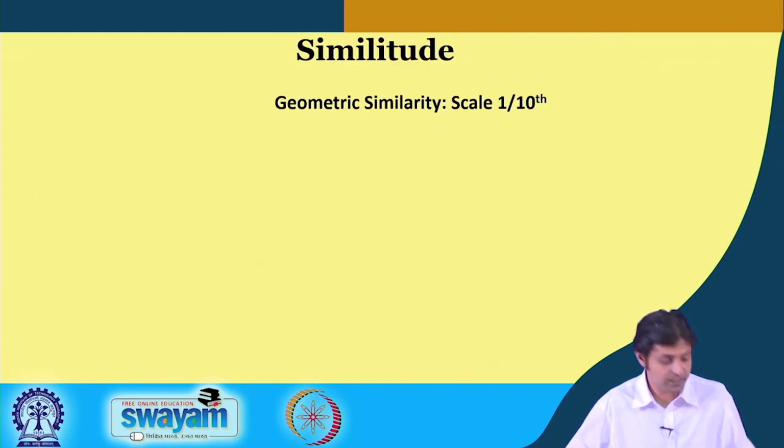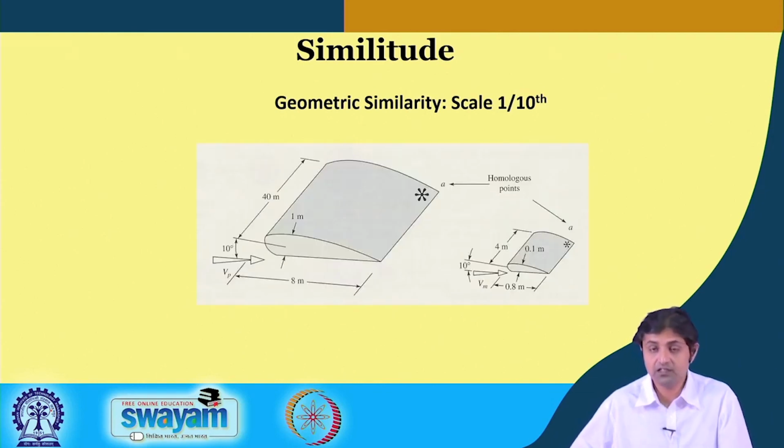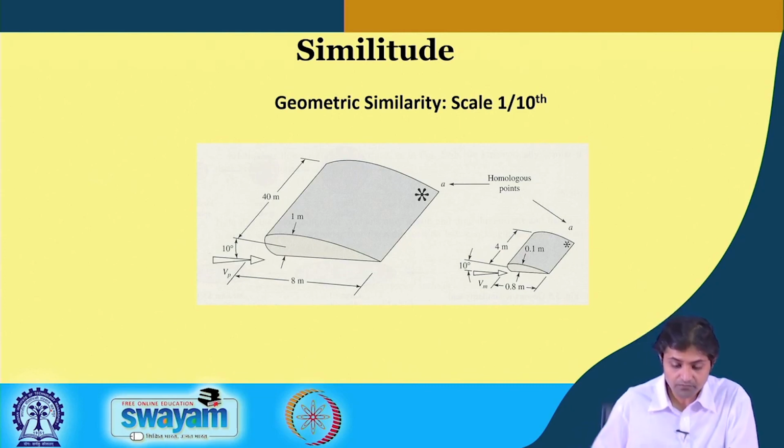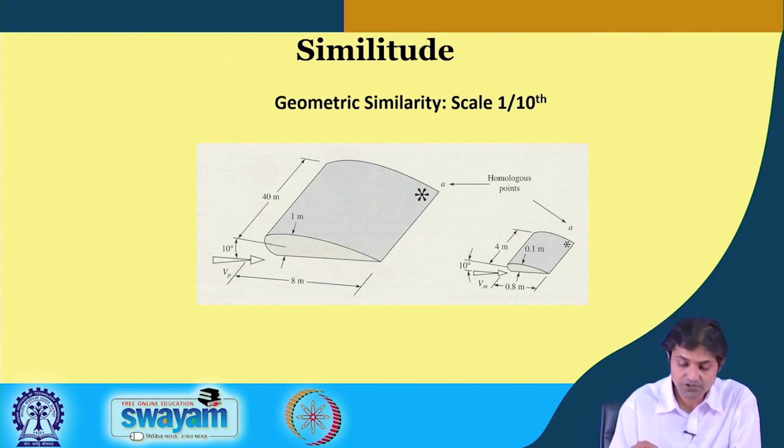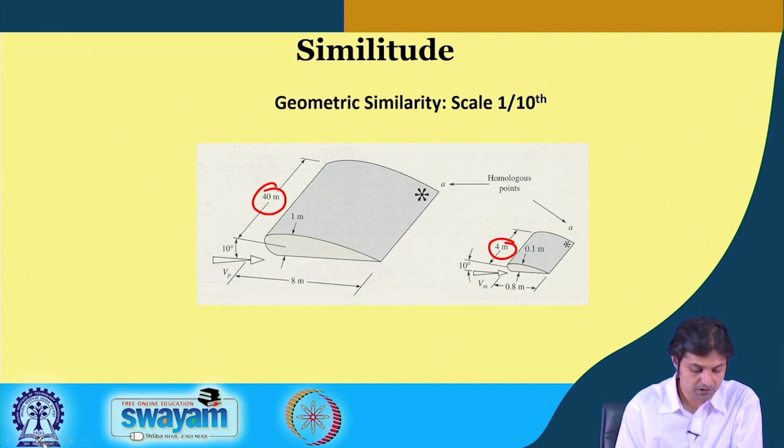So, geometric similarity with scale 1:10 has been shown here. If you see this object, this is a wing. You see this length is 40 meters here, and this has been brought down by 10 times, therefore this length is 4 meters.